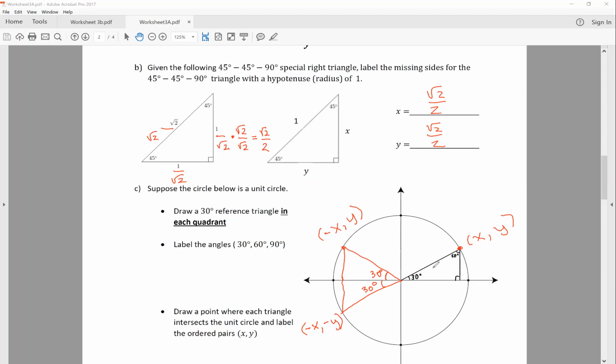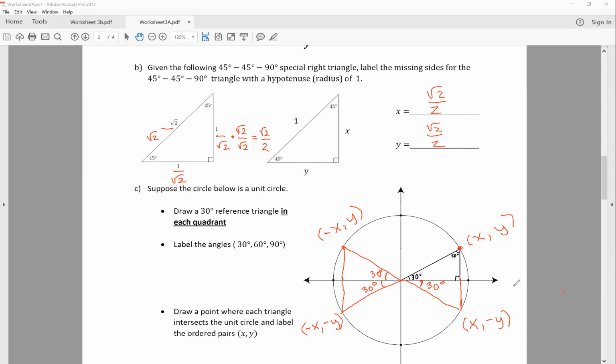And then again, I go down like that, and this is 30 degrees, and that's my reference angle in the fourth quadrant. And in the fourth quadrant, this is positive x and negative y. So once I know x, y, and I know my reference angle, I know every point on the unit circle.